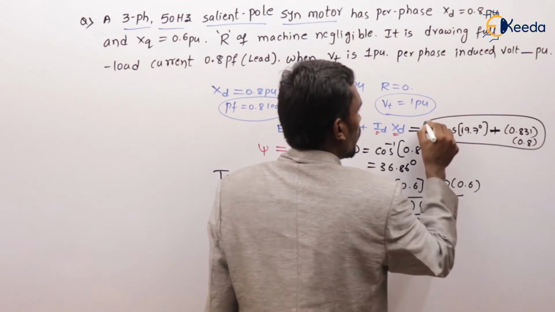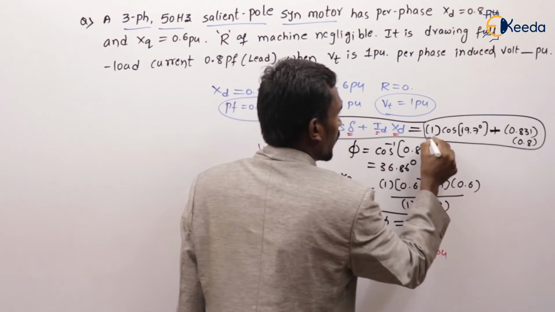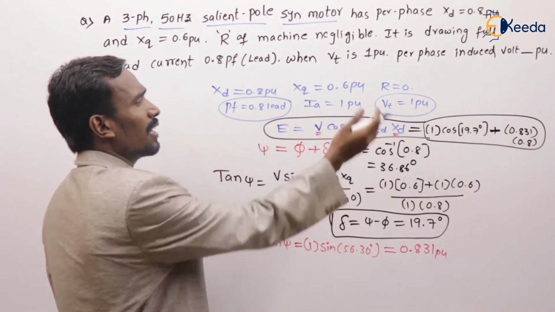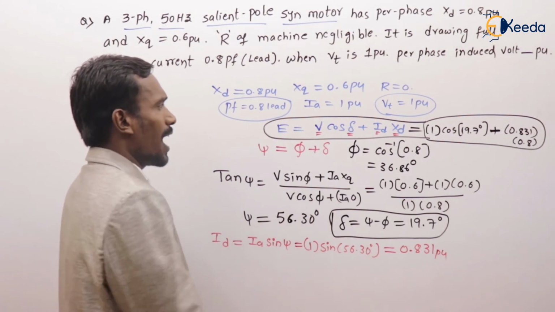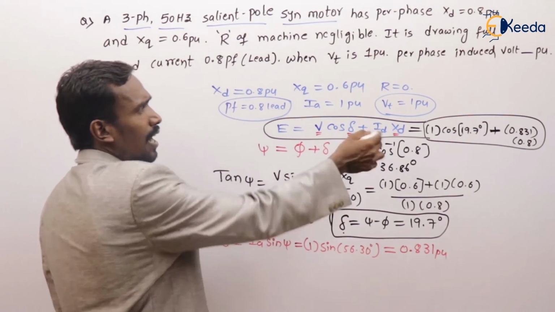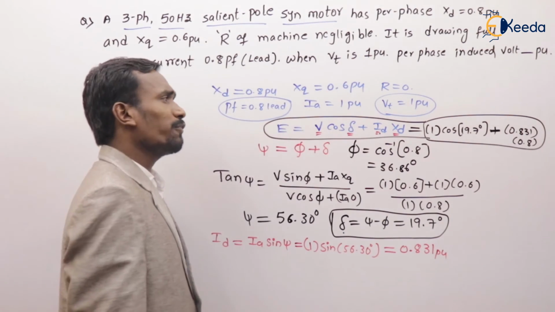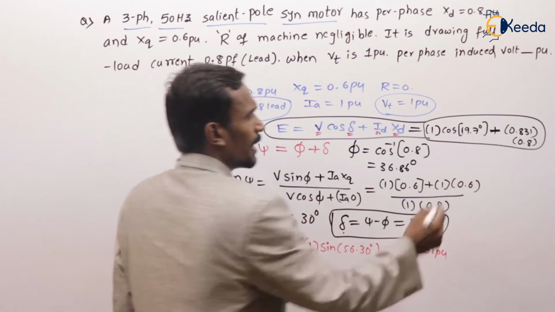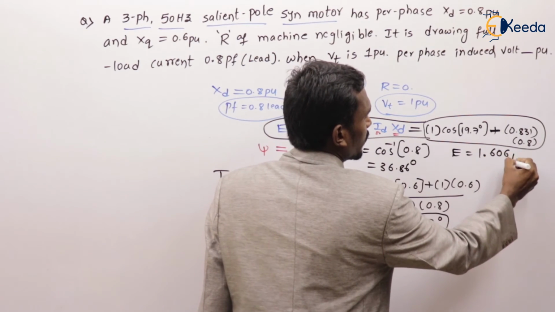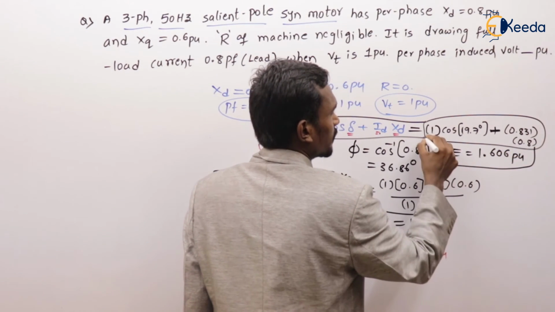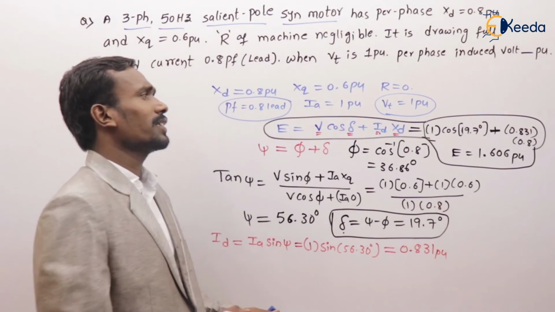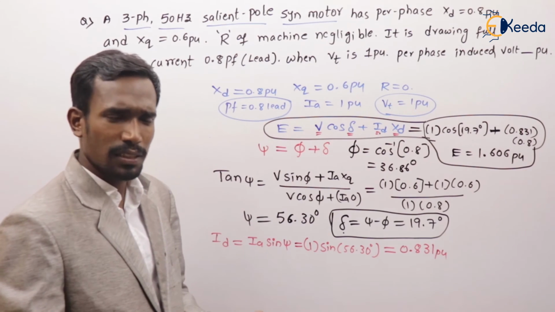I substituted all the values here. I know V, I calculated delta, I calculated Id, I know Xd. If you calculate this value, then the EMF is equal to 1.606 per unit. This is our EMF per unit.